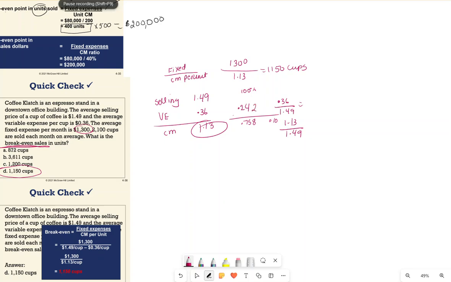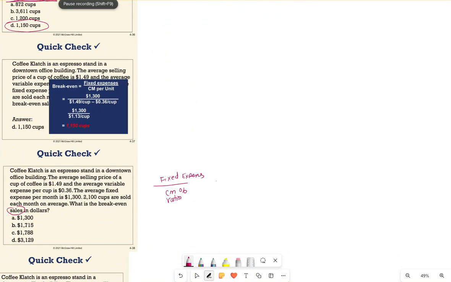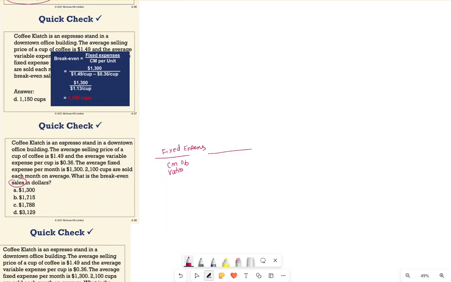So then how many cups you have to sell, what will be the dollar value? What I'm going to do is divide by 0.758. At the top is your fixed expense, 1,300. How many units do I have to sell in order to break even?